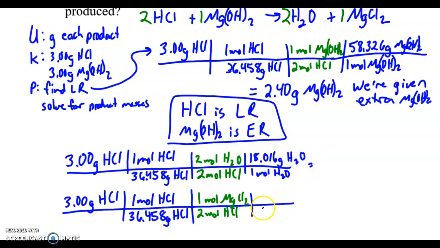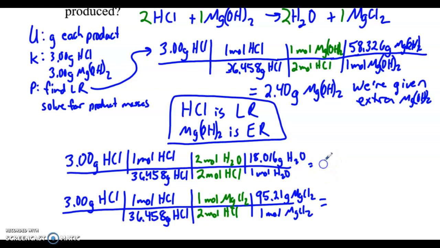And magnesium chloride, it's 95 point something. Let's add it up. I got 95.21 when I added it up. So that's 1 mole. And I will go through and carry out both of these calculations again, multiply everything on the top, multiply everything on the bottom, do the top divided by the bottom.